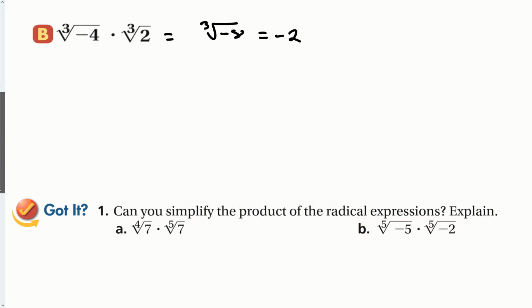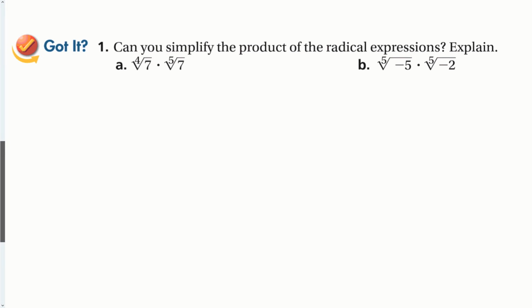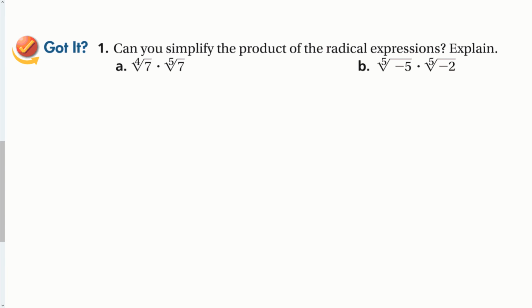Let's try these two with our got it problem. Can I simplify the product of the radical expression? The first is the fourth root of 7 times the fifth root of 7. There is a way that we can put those together.